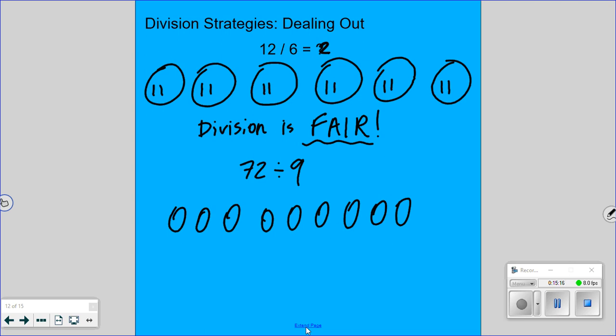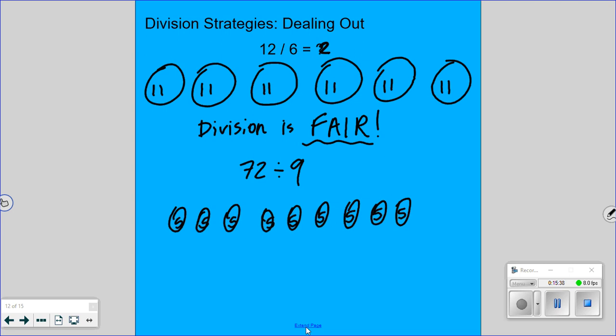So instead of starting at 1, I'm going to see if I can give everybody 5. 5, 10, 15, 20, 25, 30, 35, 40, 45. Now I'm at 45. That's way closer to dealing out the rest of my 72.